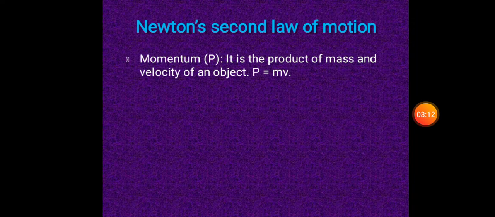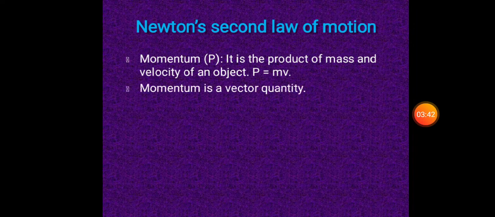Momentum has a magnitude as well as a direction. Momentum is defined as the product of mass and velocity of an object. It is denoted by capital P. Hence, according to the definition, P is equal to m multiplied by v.